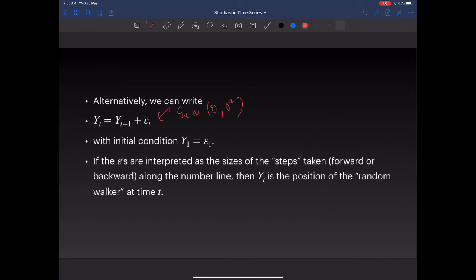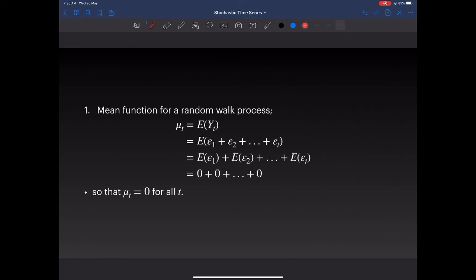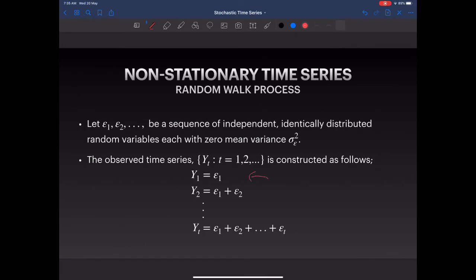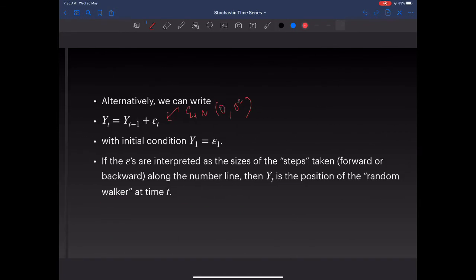Let's take a look at why we say this random walk is not stationary, by looking at the mean function and the variance function for the random walk process.